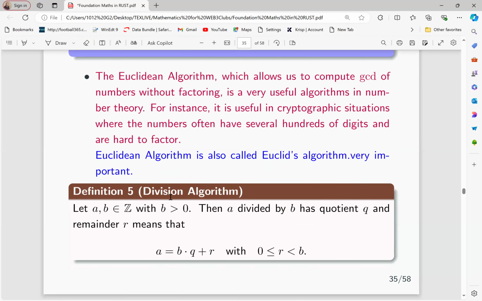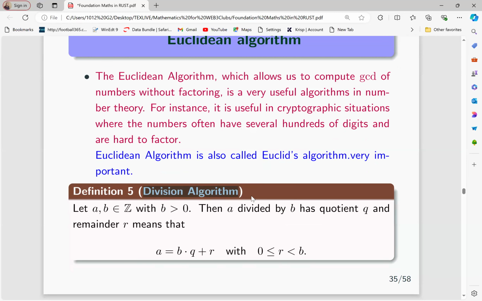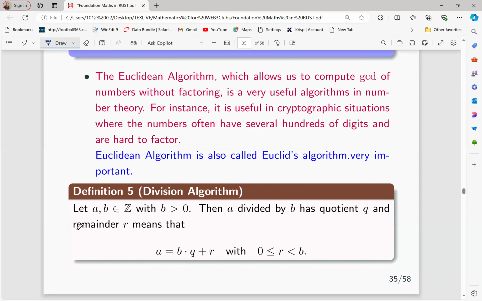The definition of the division algorithm, before we look at the Euclidean algorithm, because we normally use the division algorithm in the Euclidean algorithm. Division algorithm, if you have two numbers, A and B, we're just asking ourselves, if B were to go into A, how many times will it go there? And what will be the remainder? That's what I mean by division algorithm.